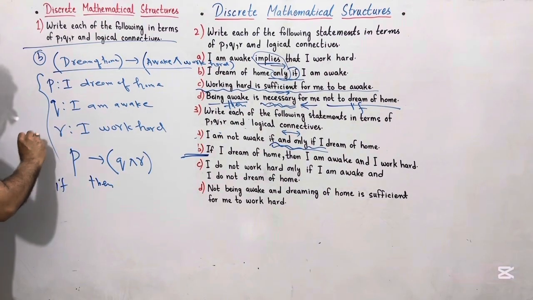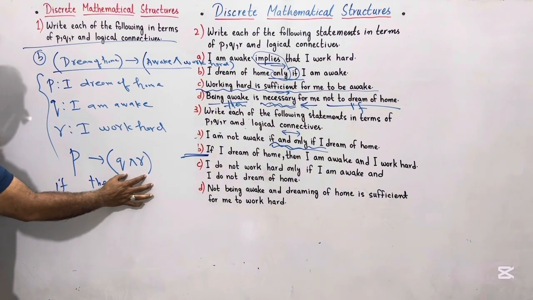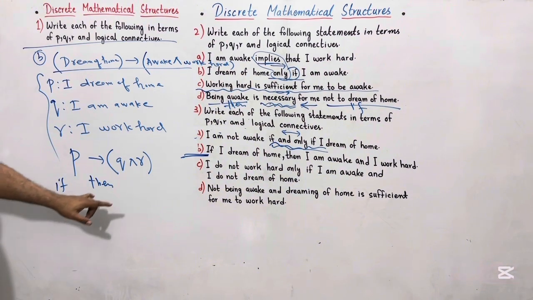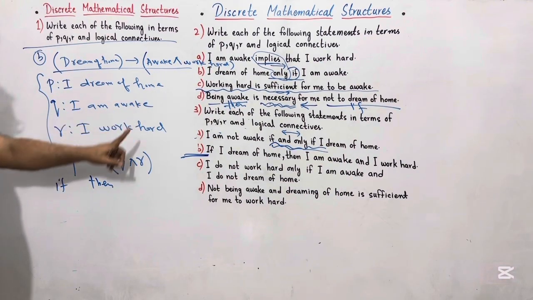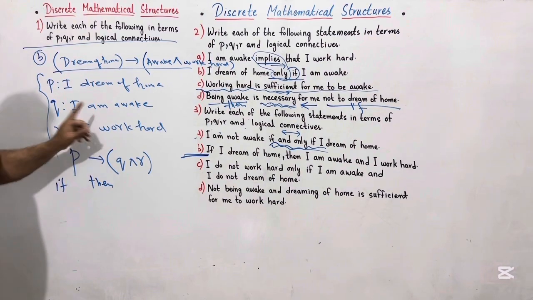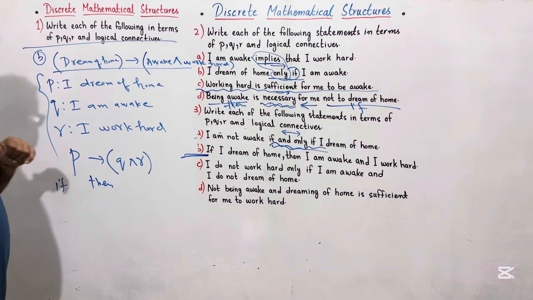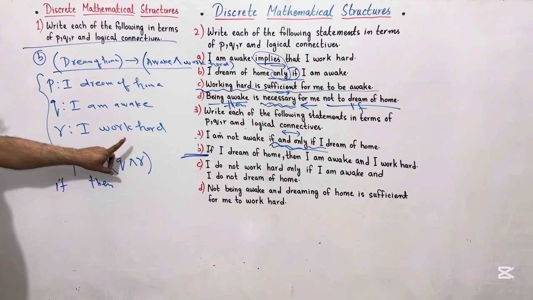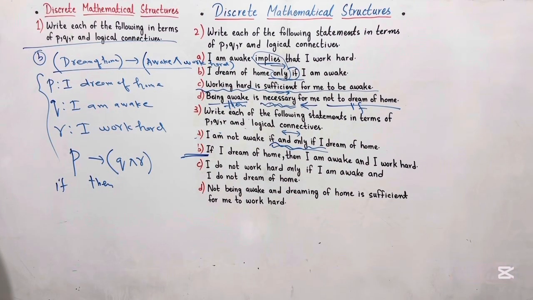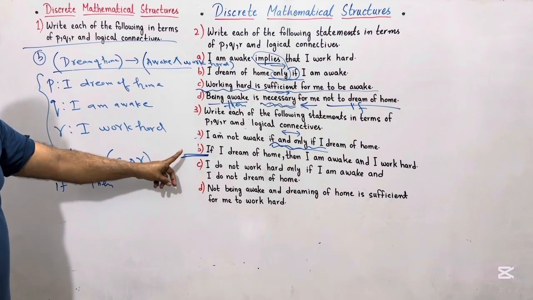Here, the premise is given as a single condition, while the conclusion depends upon two parts, Q and R: working hard and being awake. Working hard and awake guarantees dreaming of home. Or simply, dreaming of home implies that I am awake and work hard, according to the given proposition.